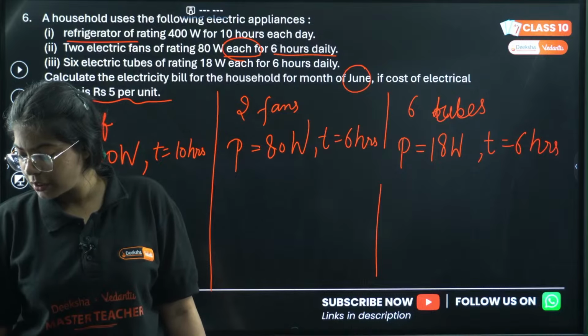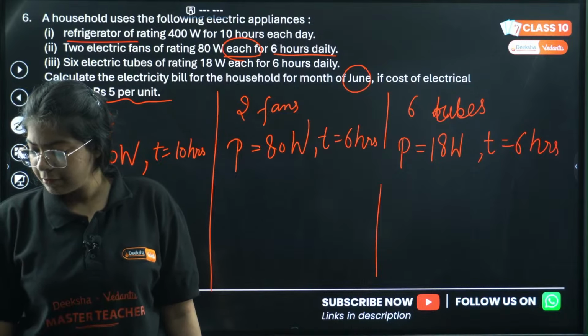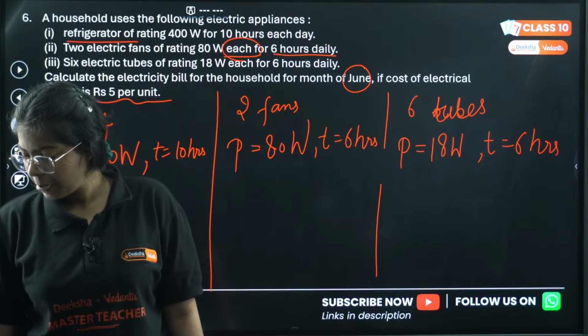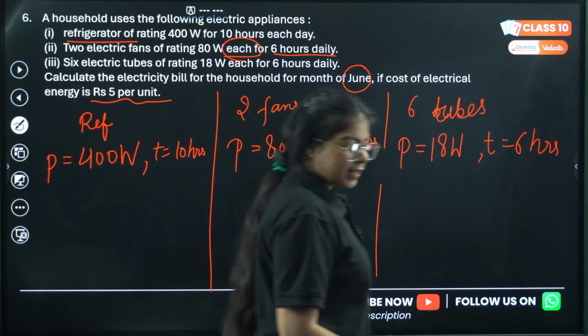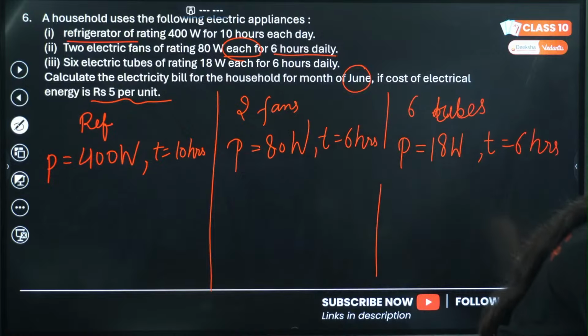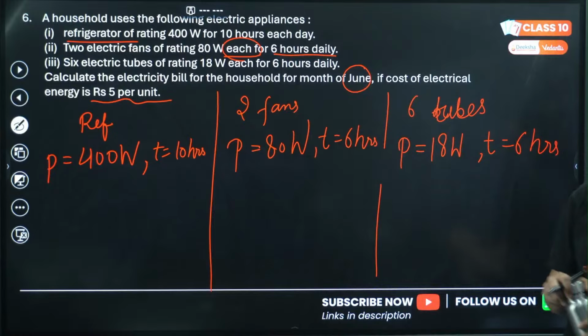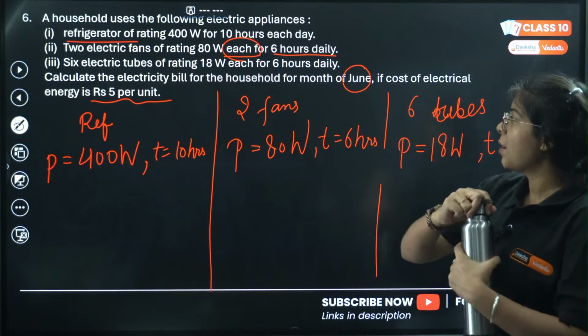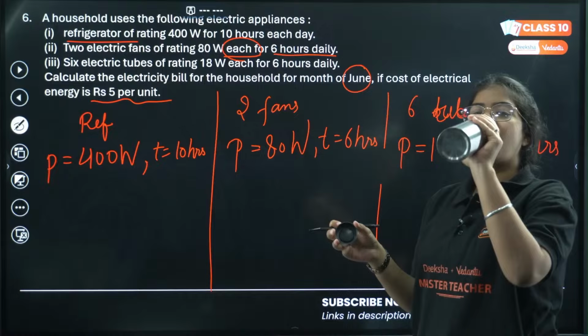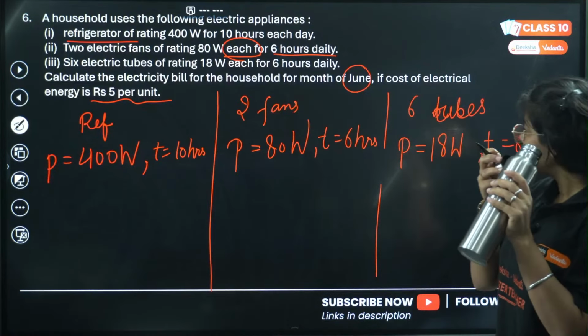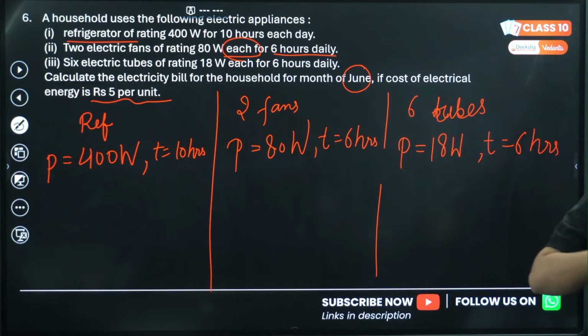We are given power and time for which each of these appliances runs, and we need to calculate the electricity bill. Can you solve it?